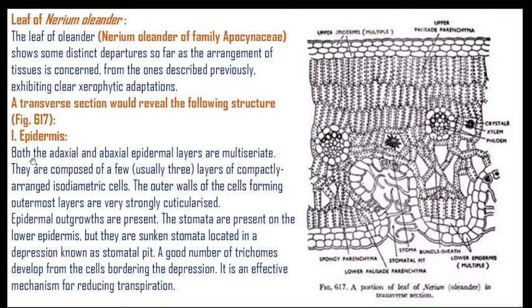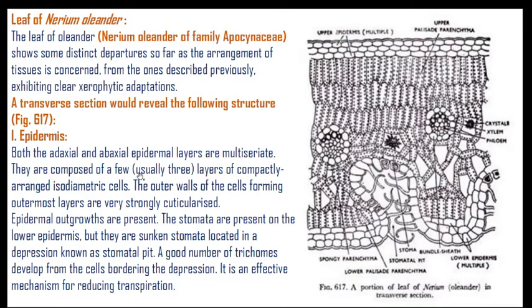This epidermis is present on both the adaxial and abaxial sides of the leaf lamina, and it is multi-layered, 2 to 3 layered. That's why it is called multilayered or multiseriate.